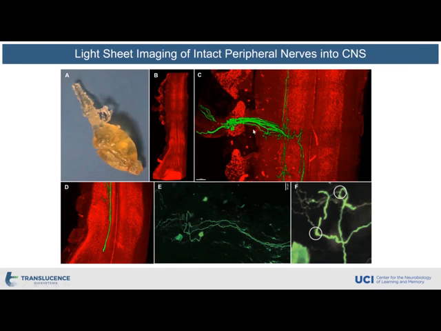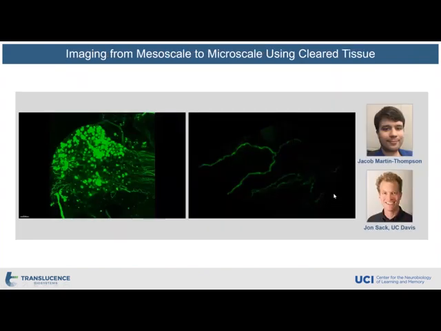And the light sheet imaging lets us roam all throughout the tissue and look at the farthest extent of the projections of these cells, lets us zoom in to the dorsal root and even look at features of the axons in great detail. And this is my student Jacob, who's been doing this work.